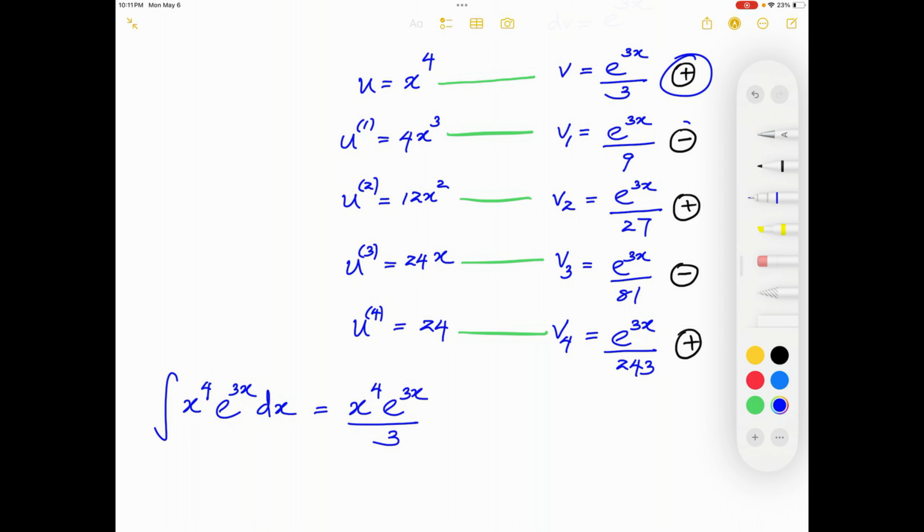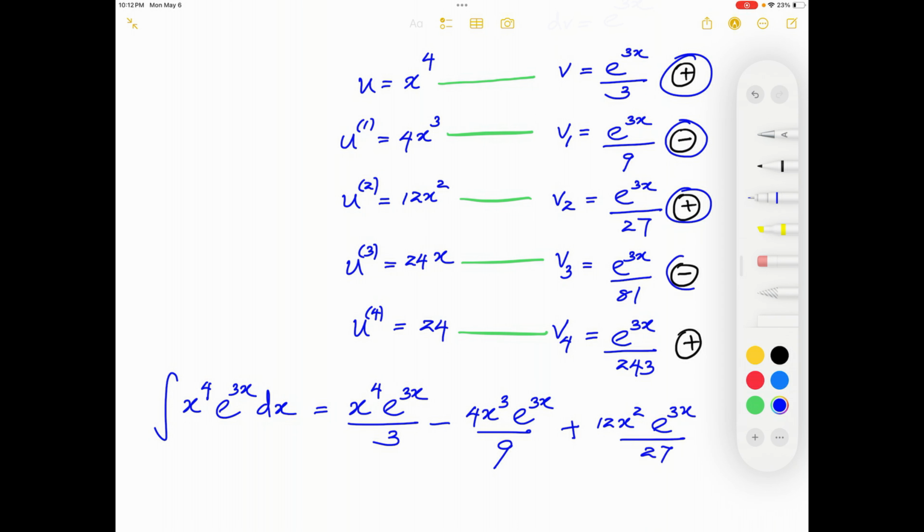Let me write a negative symbol, and then I need to write 4x cubed times e to the 3x over 9. The next term is positive. Let me write a positive symbol. I need to multiply 12x squared and e to the 3x over 27. The next term is negative.